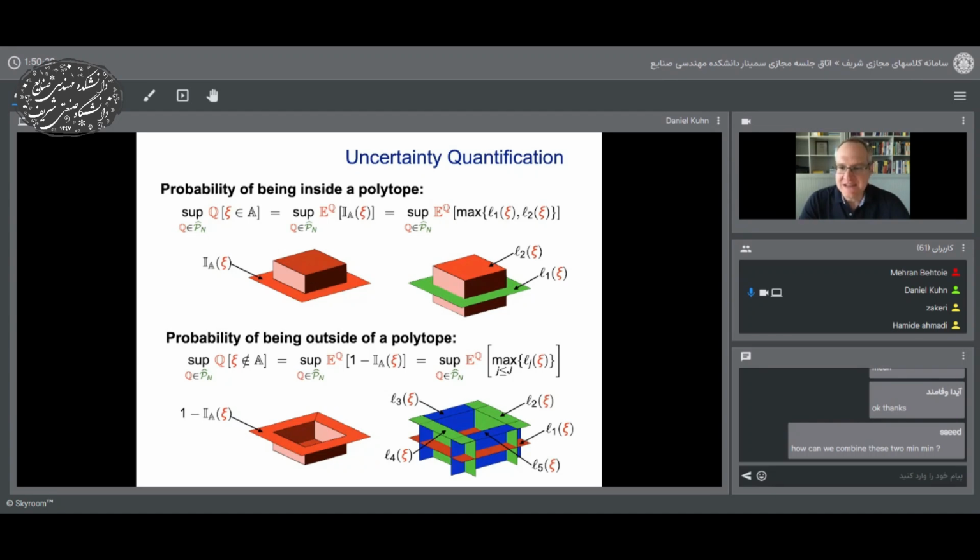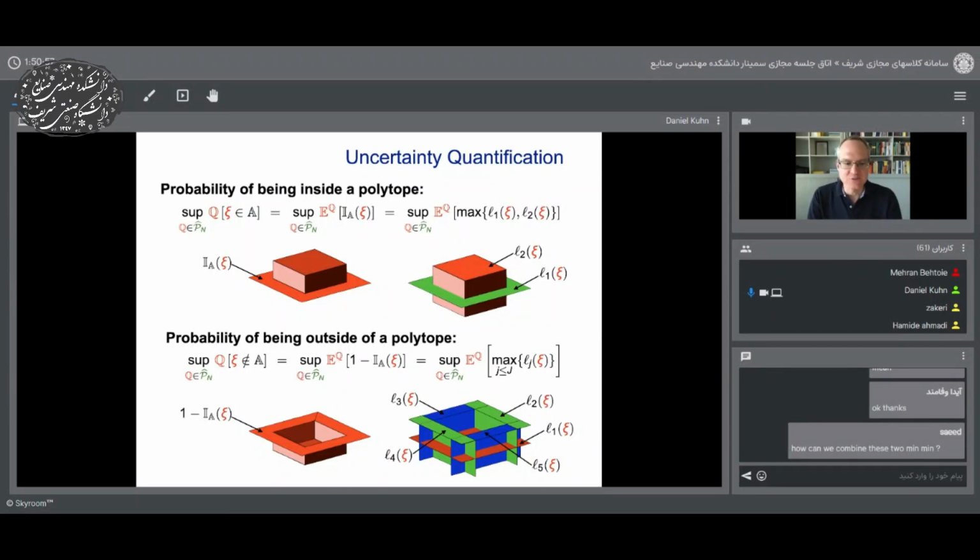And now this indicator function itself can be seen as a pointwise maximum of two concave functions. The first one is just the function that is constant at 0, visualized in green. And the other one is just a concave function which is equal to 1 inside the set A and equal to minus infinity outside of the set A. So you see the maximum of these two, the red and the green function, is actually equal to the indicator function on the left-hand side.